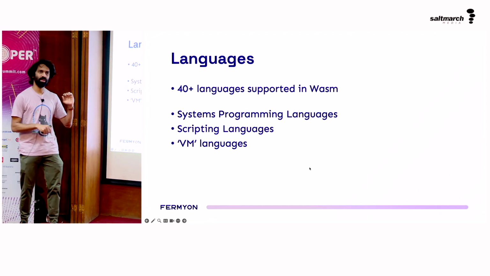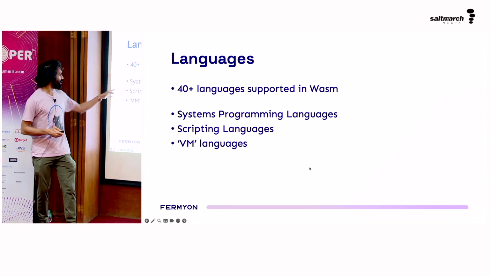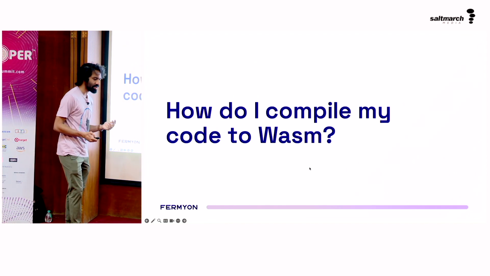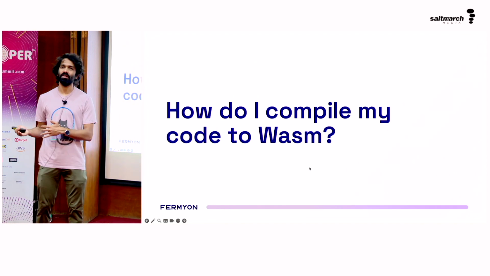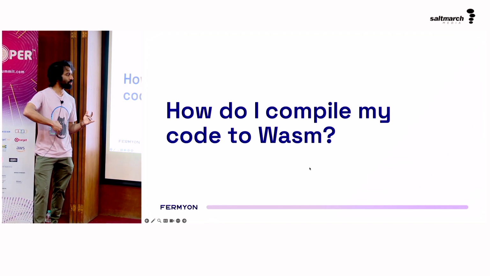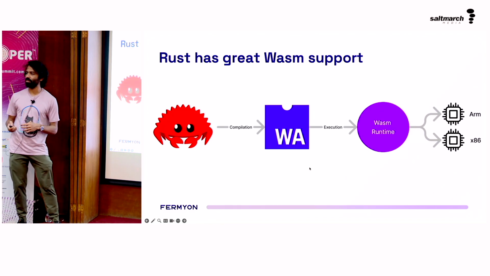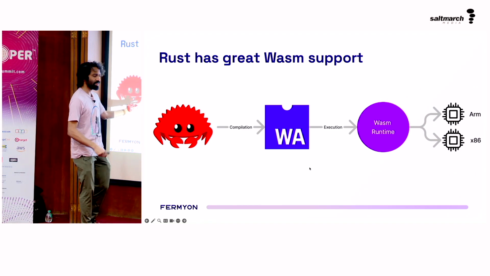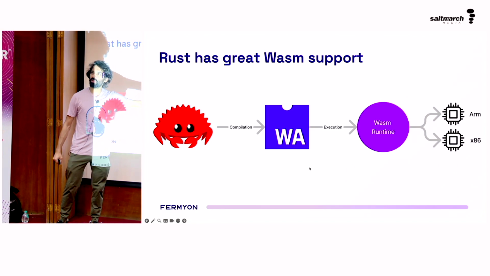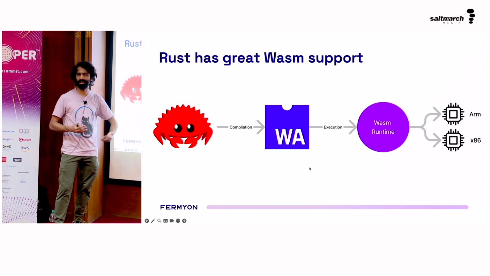WebAssembly is fairly new, so the levels of support for these different languages are in a state of evolution. Let's take a look at the first two at least. The systems programming languages are very, very well supported, one because they are much more low level, and also because the people who supported WebAssembly in the beginning chose these languages to go into the ecosystem first. So with Rust, for instance, you can compile straight to a WebAssembly module, and that module can execute on any WebAssembly runtime, which, like I said, can execute on any architecture and platform.